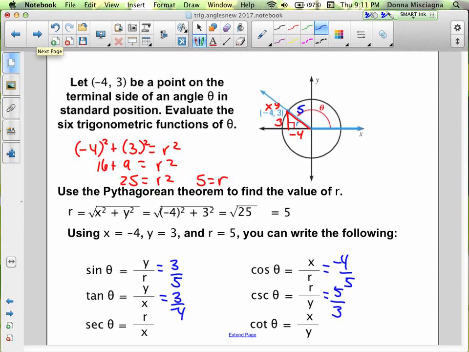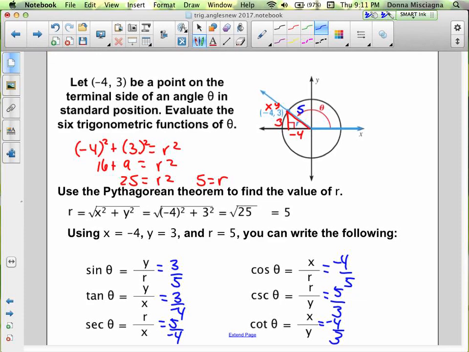So that one's going to be 5 over negative 4, and it doesn't matter where the negative goes. And then cotangent, the reciprocal of tangent, is going to be negative 4 over 3. So you can just use your reciprocals too, right? Because cosecant is going to be the reciprocal of sine, and secant is going to be the reciprocal of cosine, and cotangent is going to be the reciprocal of tangent.